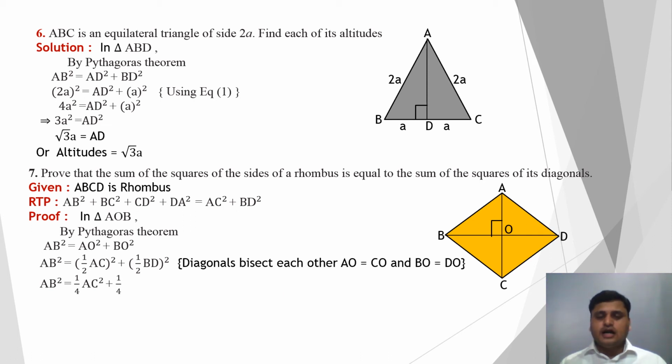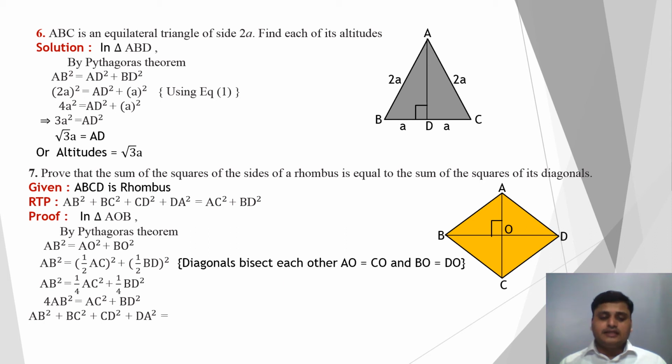Got it? After this, we will simply take the LCM and then cross multiply. So it will become 4AB square is equal to AC square plus BD square. Now 4AB square means how many times will we write AB square? 4 times. So AB square plus BC square plus CD square plus DA square. Why have we written this? Because all sides of a rhombus are equal.